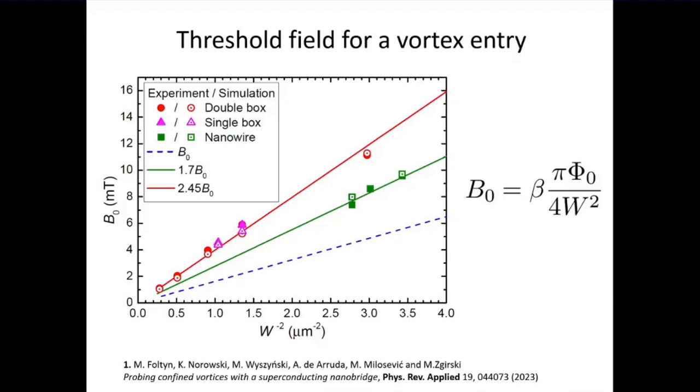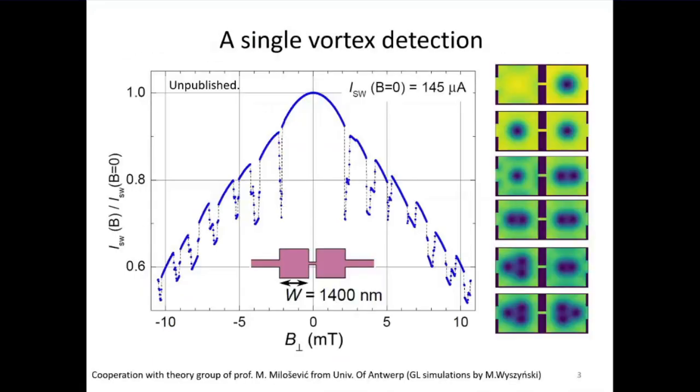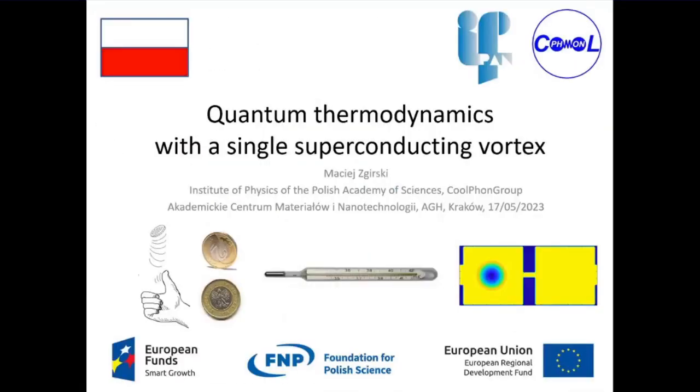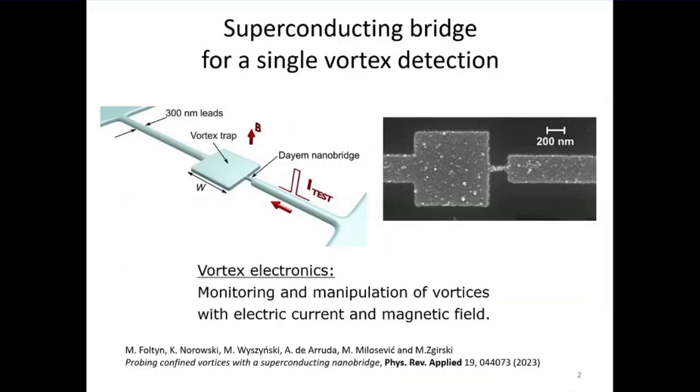Okay, now you show the two traps and how you repair the vortex, and maybe how it can be worn back. And then you have a current flowing in one direction. Is this stochastic? Do you know in which trap the vortex will appear or will be dissipated? If I have a double trap of exactly the same size, I don't know. First I thought that it's better to have such symmetric traps, but the point is that if you create exactly the same, it is difficult because of the symmetry.